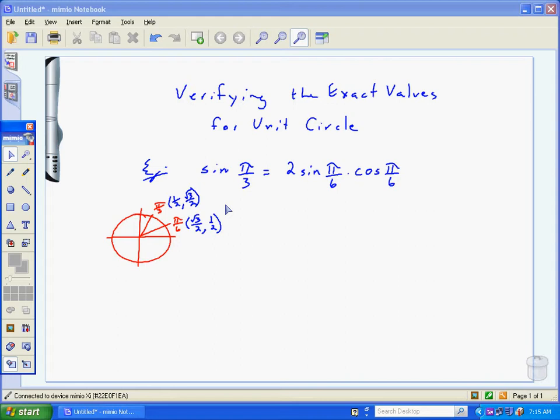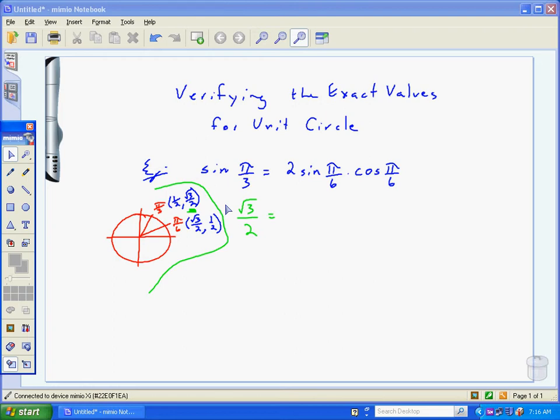real quickly, I'm going to switch to green here because I kind of messed around there and squished into my area. But the sine at pi over 3, if we look right here, the sine right there is root 3 over 2. So I'm going to place that where sine pi over 3 is, because if we went to our calculator, that's what we would get if we hit the sine of pi over 3.